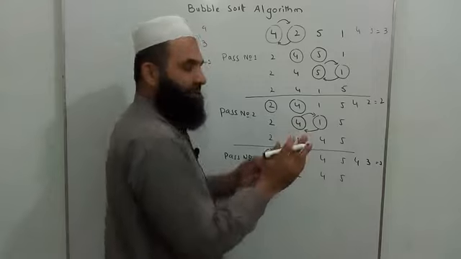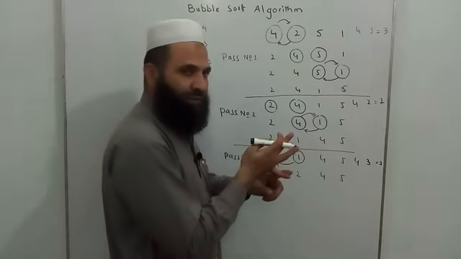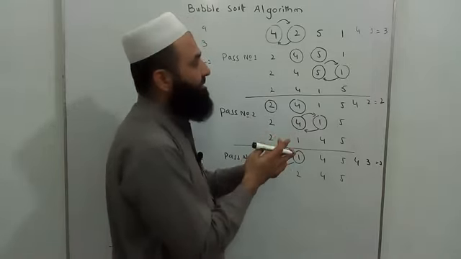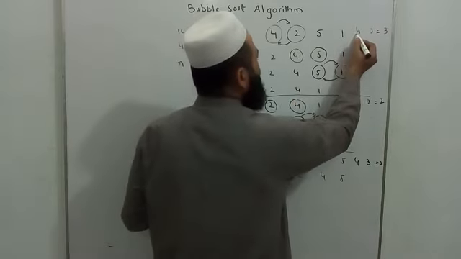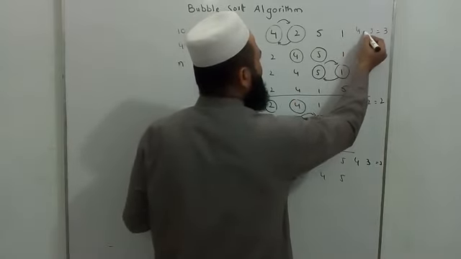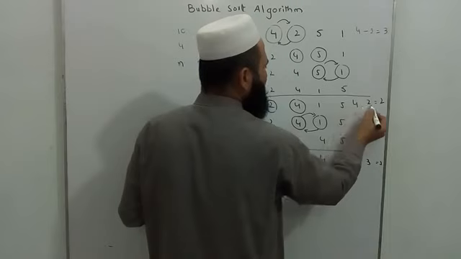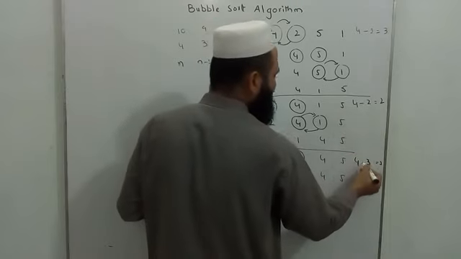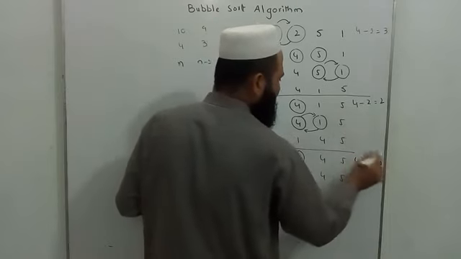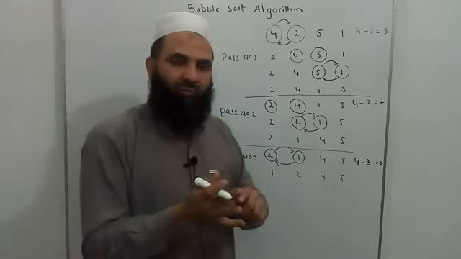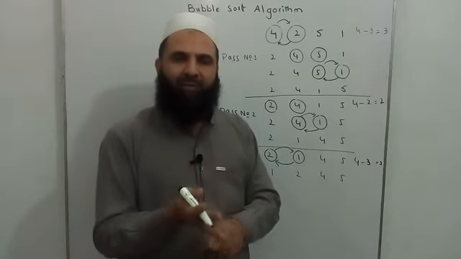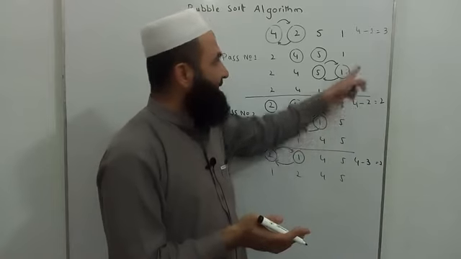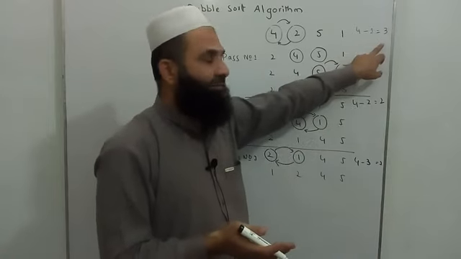If we see the relationship between the total number of items, the pass number and the number of comparisons, we can see that if we subtract 1 from 4 we get 3. If we subtract 2 from 4 we get 2. If we subtract 3 from 4 we get 1. It means that if we subtract the pass number from the total number of items, we get the number of comparisons.